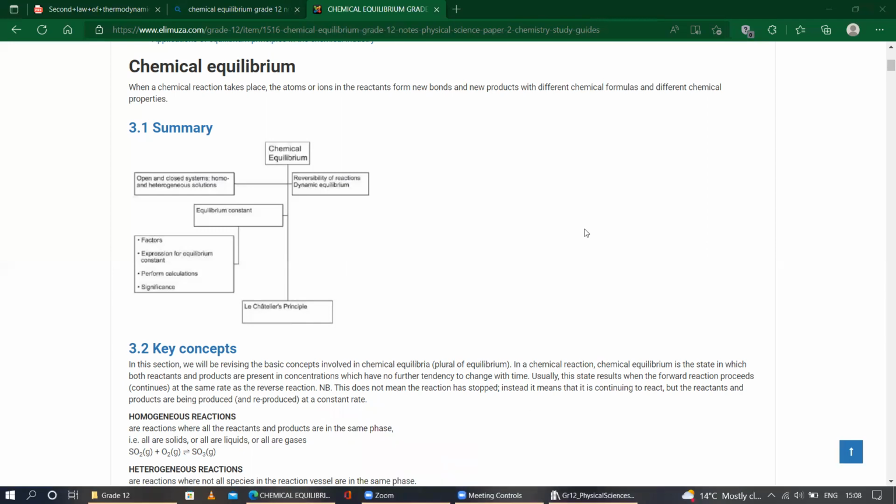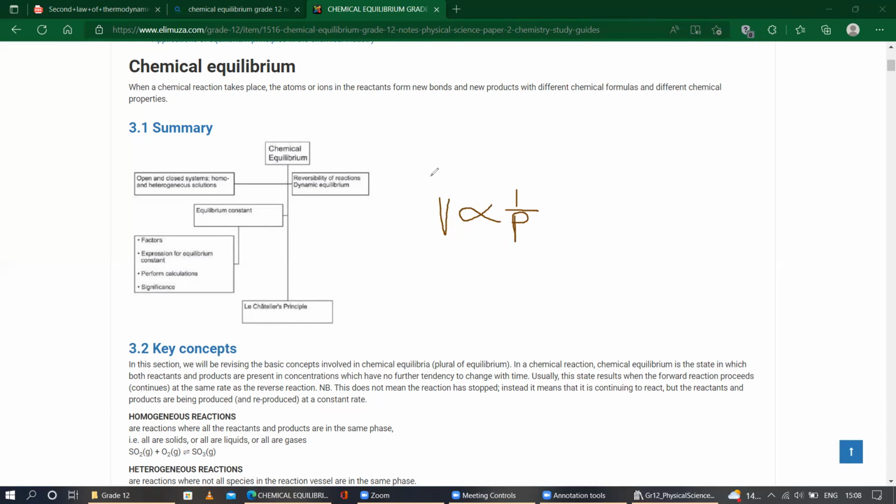So what I was saying is that volume indirectly affects the chemical equilibrium, because volume is inversely proportional to the pressure, right?